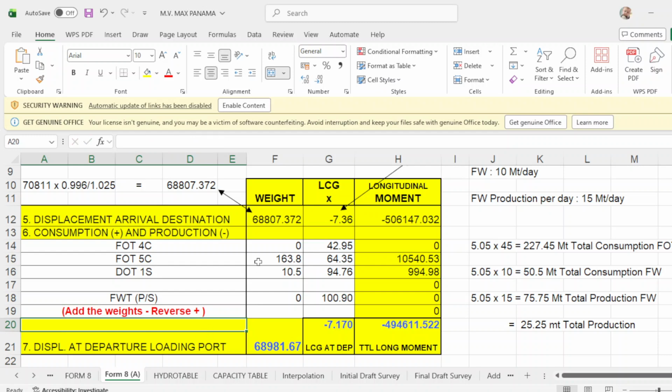Instead of negative, it will be positive. That's already a reminder, but just follow this rule here. Consumption is positive, production is negative.